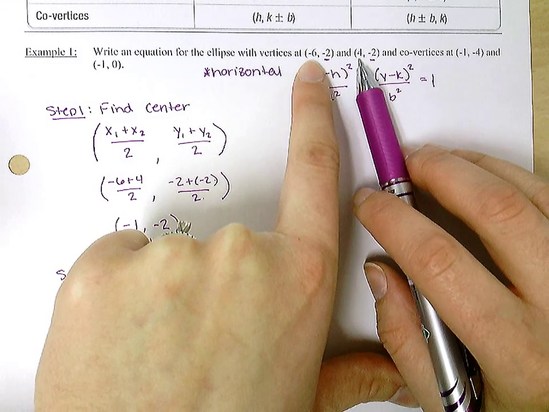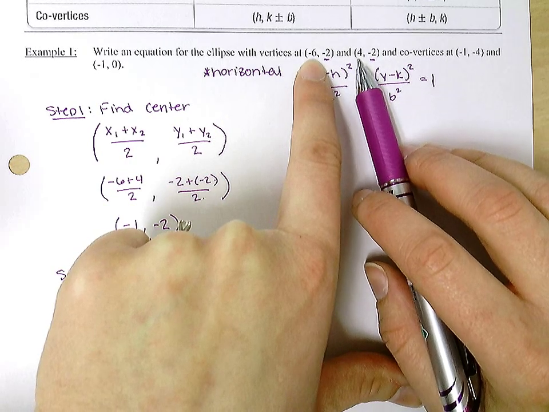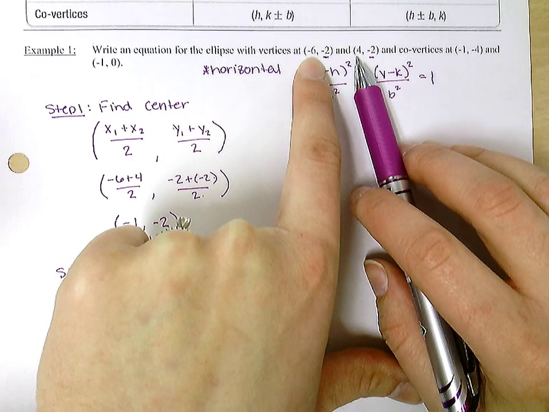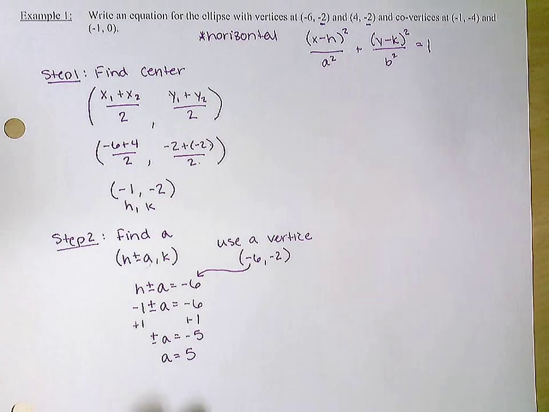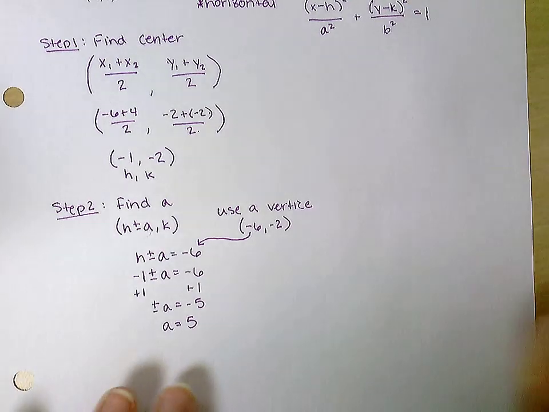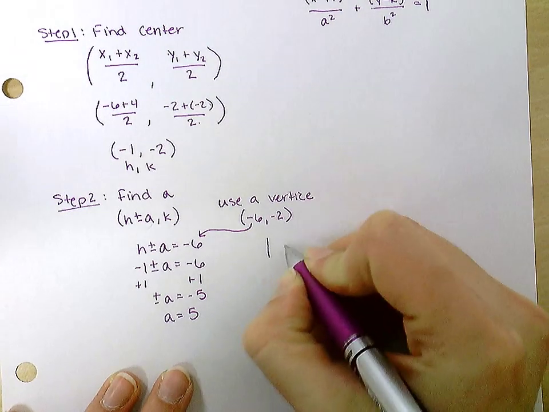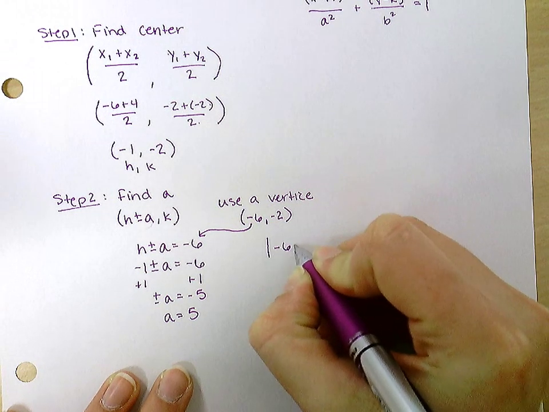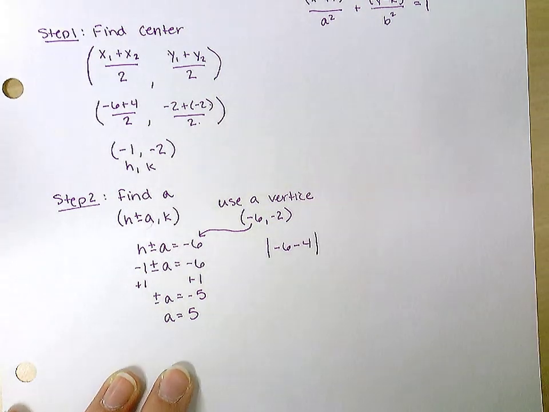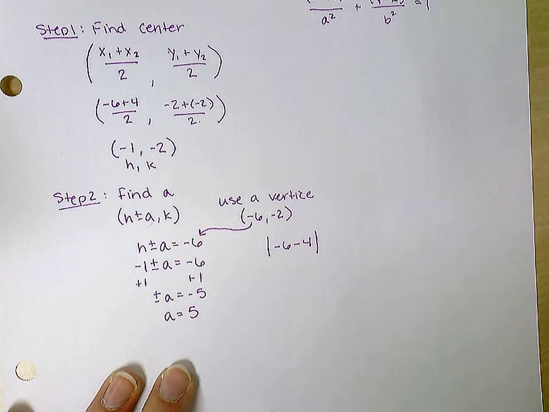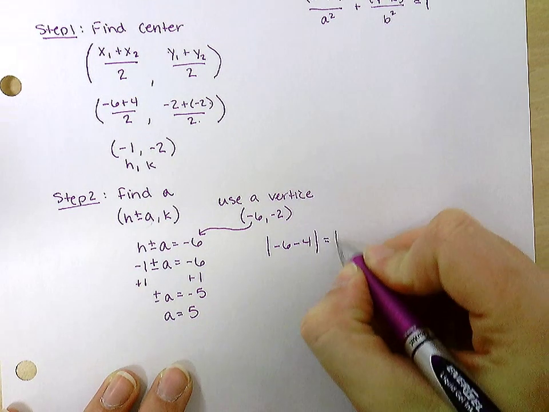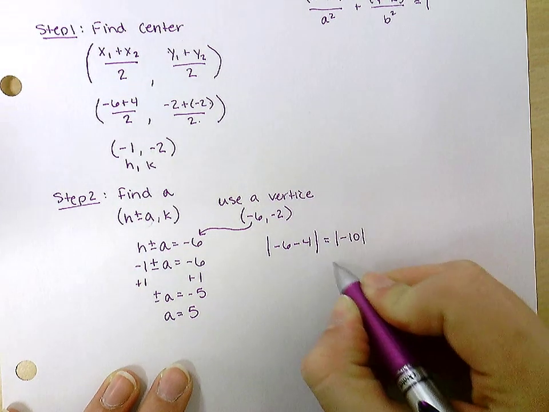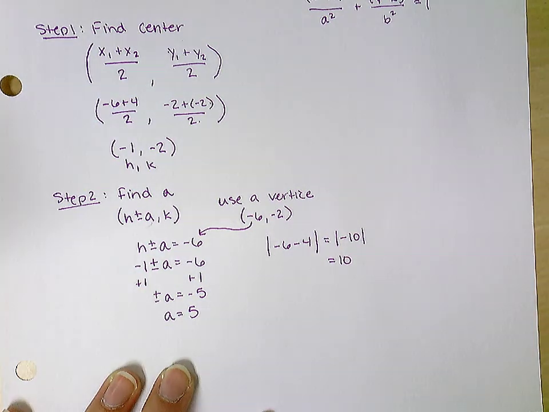I want to find the distance between -6 and 4. To do that, I would just take the absolute value of -6 minus 4. That's equal to -10, which is 10. Now that's your major axis.